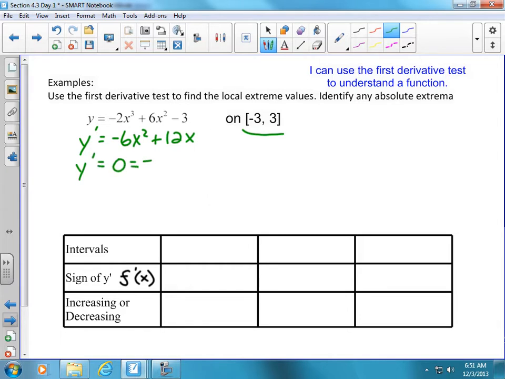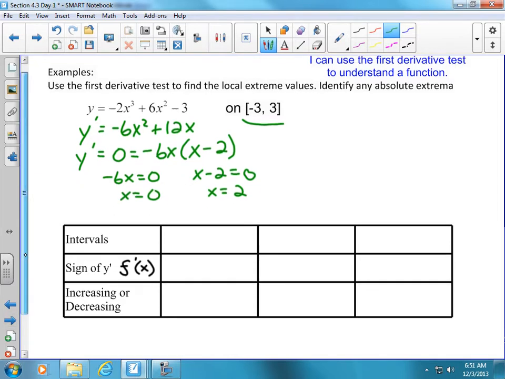Well, we can factor out a negative 6x and get x minus 2. That tells us that at x equals 2, we have a critical point, and at x equals 0, we have a critical point.